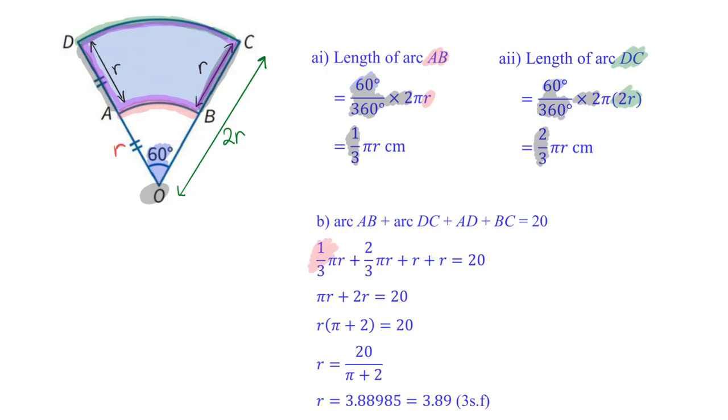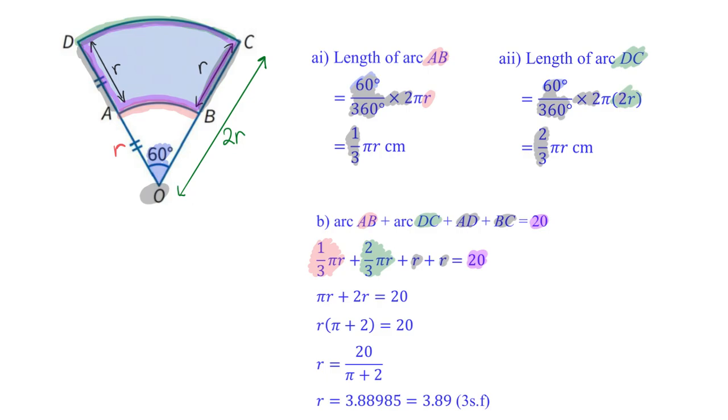This is AB plus DC plus my AD and my BC, which is R and R, and they will give me 20. And solving this equation will then give me the final answer.